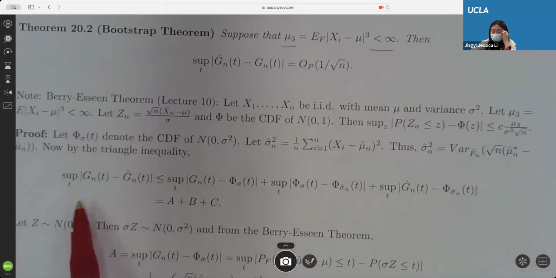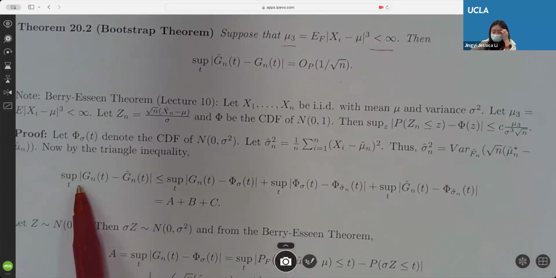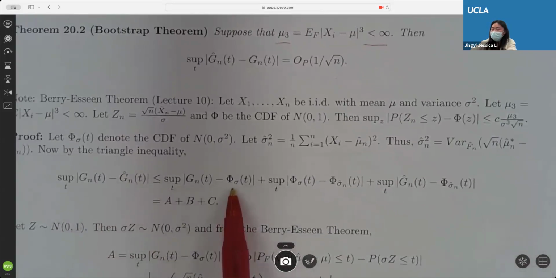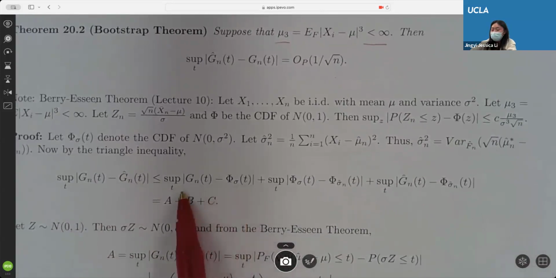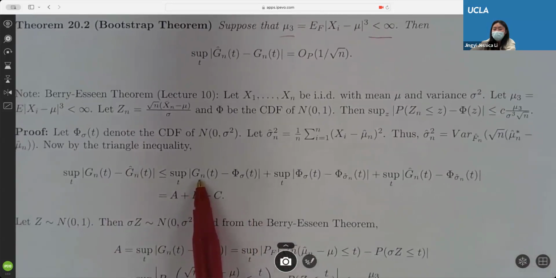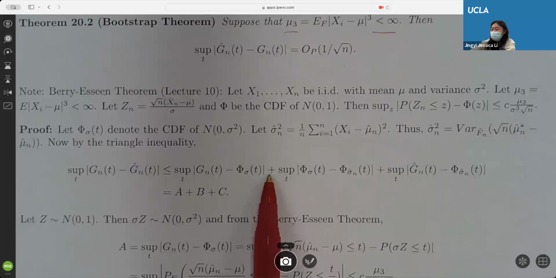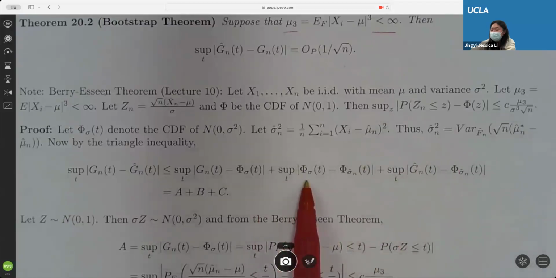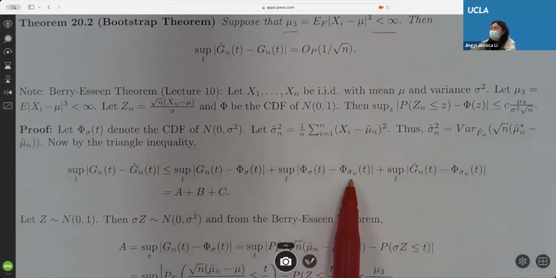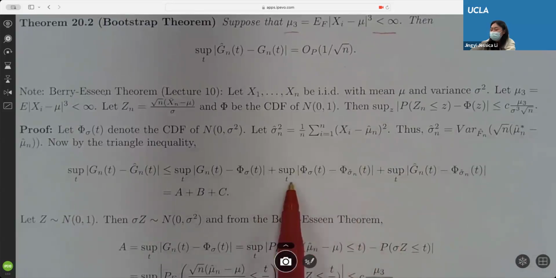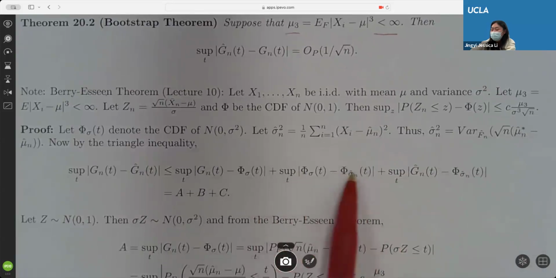Now, by the triangle inequality, we can do the decomposition. For |G_n,T minus Ĝ_n,T|, we introduce this normal CDF. We first compare the actual error distribution to the central limit theorem version CDF. Then for the central limit theorem version, we compare to the plugin version. The plugin version uses σ̂_n instead of the true σ, based on our sample.